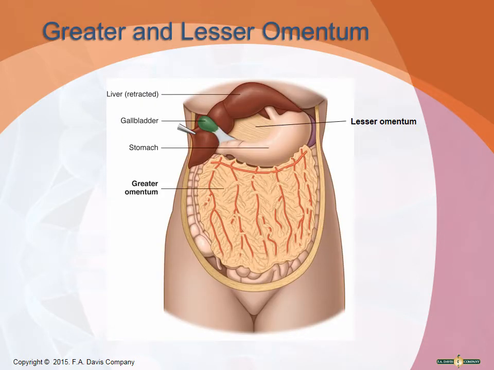The greater and lesser omentum: the greater omentum here is kind of like a curtain that hangs down. It's part of the mesentery that hangs down over the bowel. And the lesser omentum is found above on the superior aspect of the stomach. And you can tell this looks like it has a lot of fat in it.